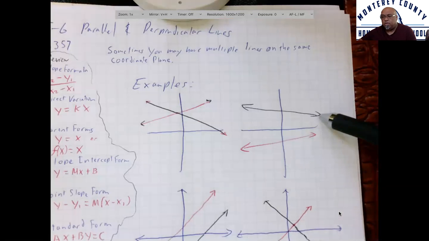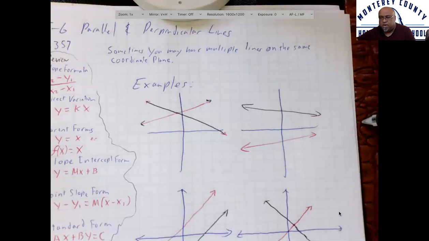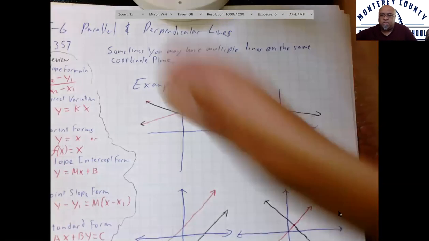If you were to follow both of these lines off of the paper here, at some point they're eventually going to cross, probably right about here, I'm thinking on the edge. But yeah, so any 2 lines that are on the same plane, even if they are very far apart, eventually will cross unless they have this specific definition, or they're called parallel.